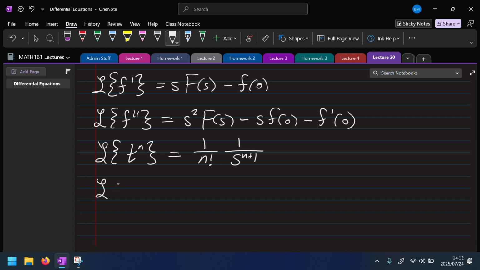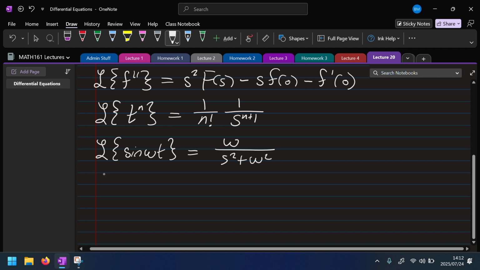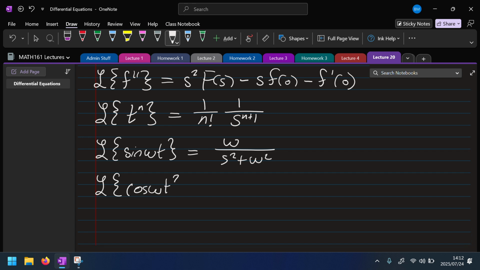So that was the Laplace transform of sine omega t. Okay, this is going to be omega over s squared plus omega squared. Okay, again, you can use by parts to prove that, but you won't need to know how to prove any of these. Okay, and then with this, we had the one with cos. Okay, so this was very similar, but instead of having the omega at the top, it was the s at the top. But the bottom parts are the same for both.